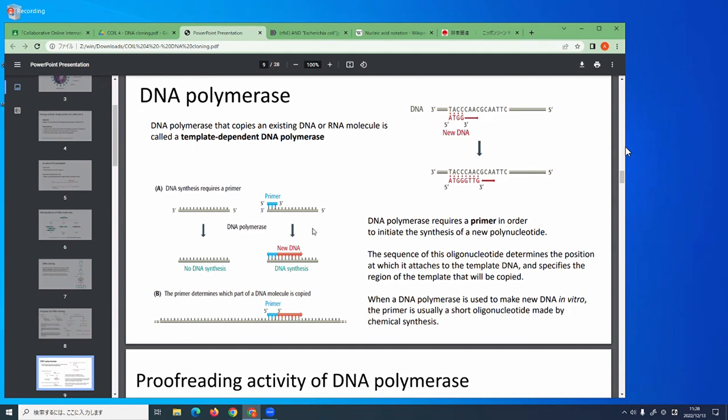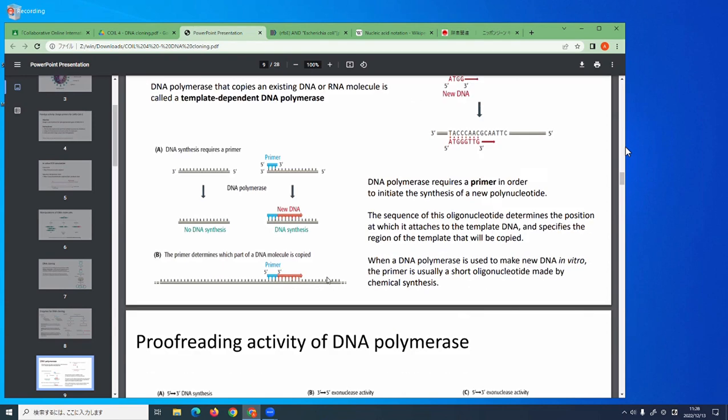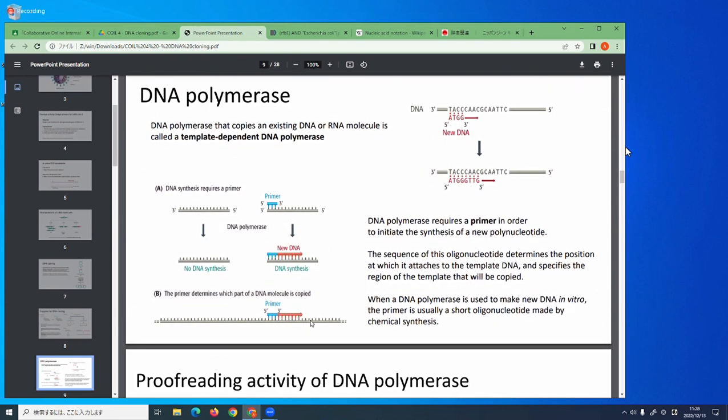Which is the template. So DNA polymerase will be able to make copies of DNA in between the regions of primers. So you need two primers, forward primer and reverse primer, and only the part in between will be copied many times, but not the rest, right?